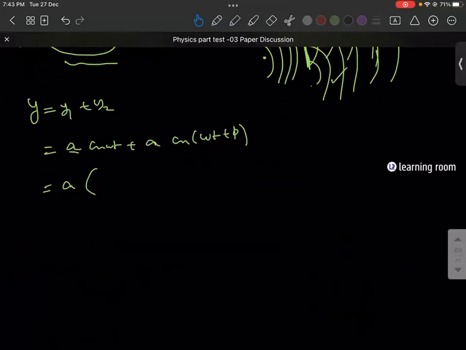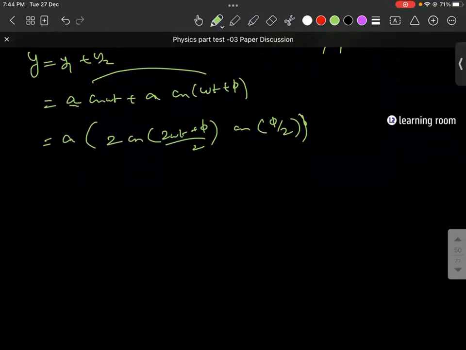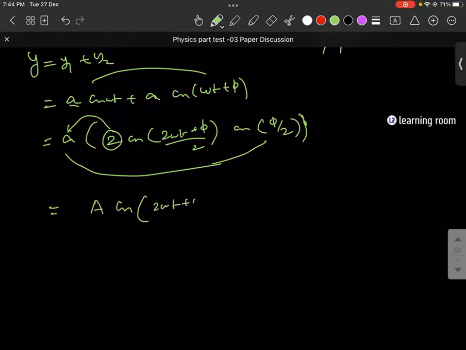So it will be 2 cos of (2 omega t plus phi) divided by 2, times cos of phi by 2. Now, this 2a cos phi by 2 can be taken as capital A into cos of (2 omega t plus phi) the whole divided by 2.